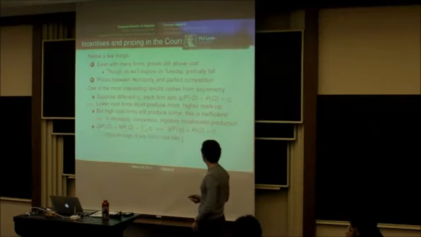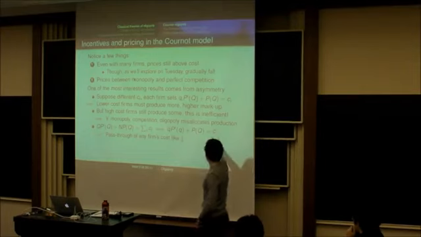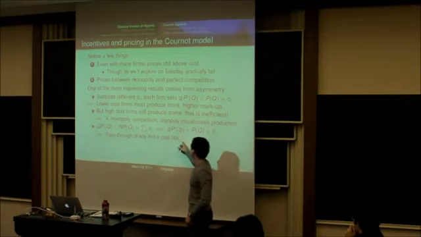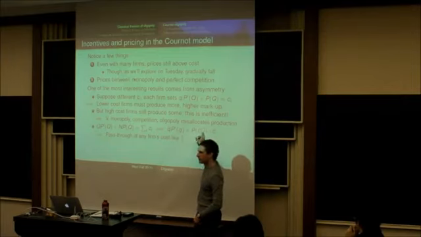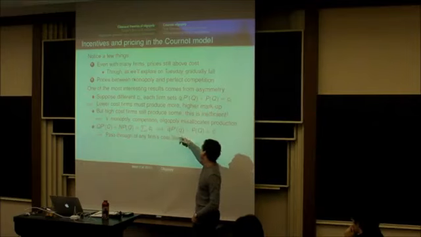And so what this says is that if any of the firm's cost increases, that leads to 1 over N of the pass-through that would happen for a monopolist.